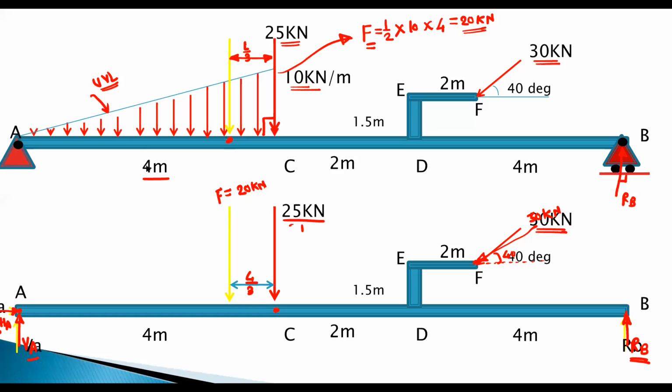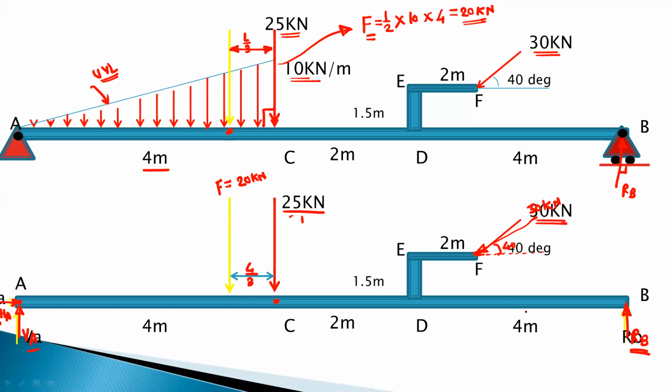So after this free body diagram, next step is we have to find out these reactions. That is value of VA, HA, and the value of the RB. So to find out these reactions, HA, VA, and RB, we have to use the conditions of equilibrium.